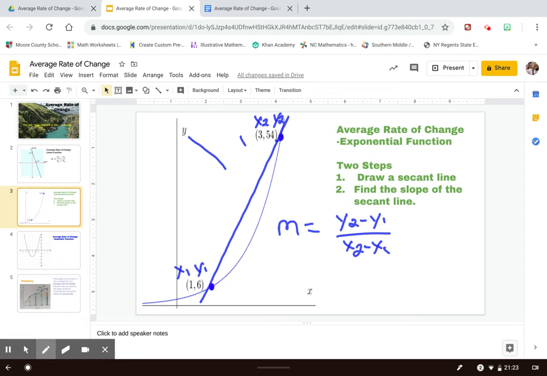I take my y2, which is 54, subtract y1, which is 6, and divide all of that by x2, which is 3, minus x1, which is 1. So 54 minus 6 is 48, and 3 minus 1 is 2, so 48 divided by 2 is 24, which means my average rate of change between these 2 points of the exponential function is 24.